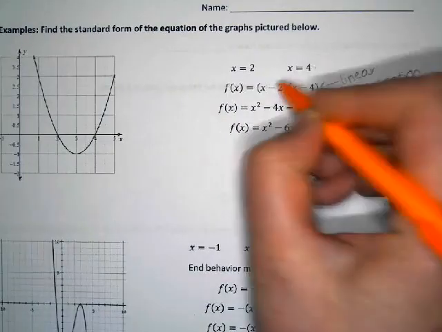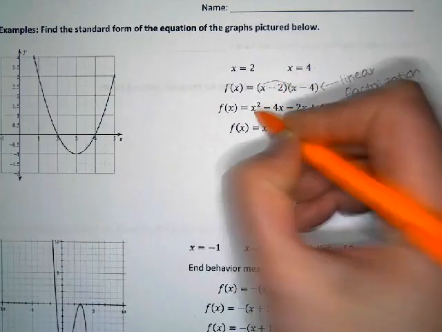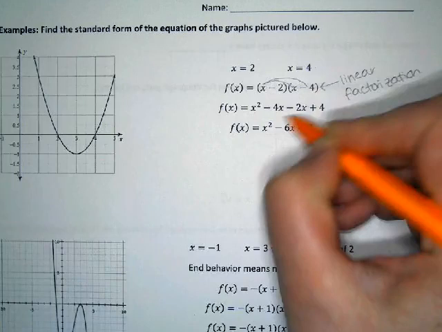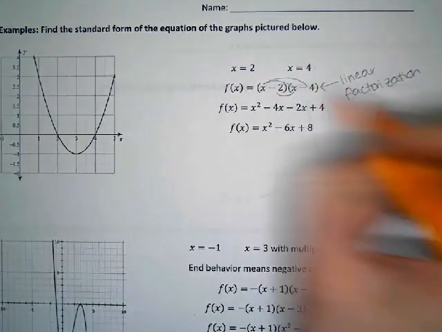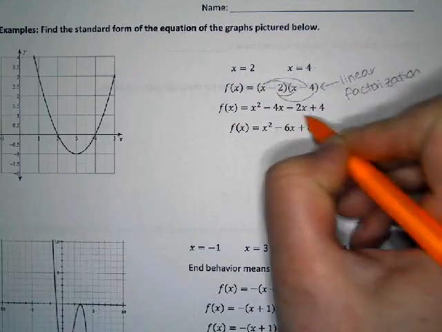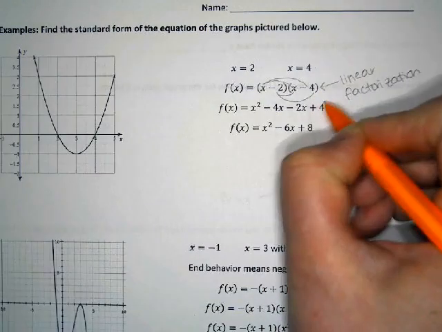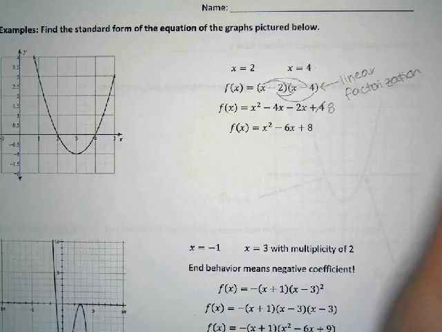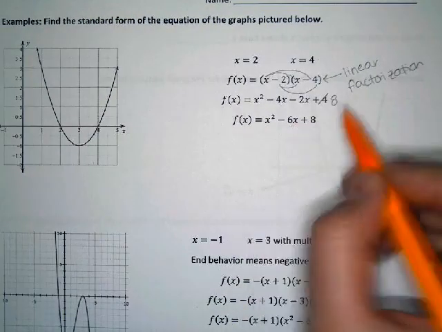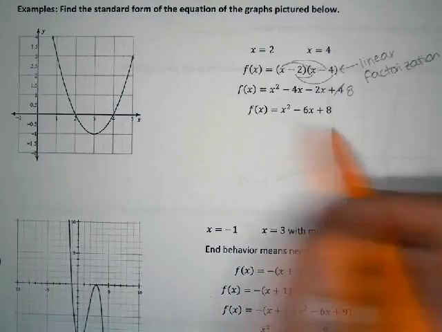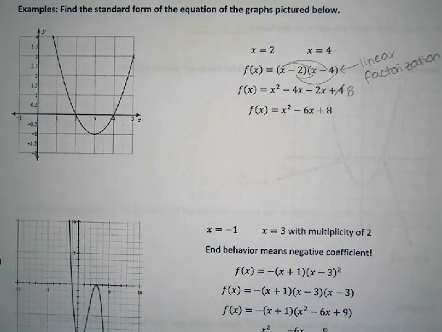So here, when they FOILed everything out, x times x is x squared. X times negative 4 is negative 4x, negative 2 times x is negative 2x, and then here's a typo, negative 2 times negative 4 is positive 8. And then they combined like terms and got x squared minus 6x plus 8 as the equation that represents that parabola, that quadratic.